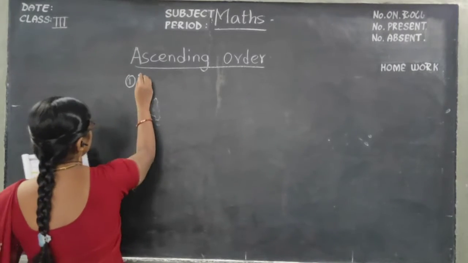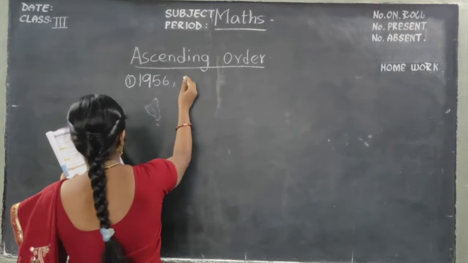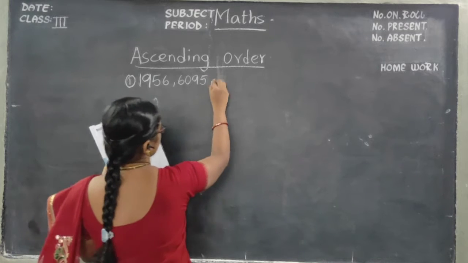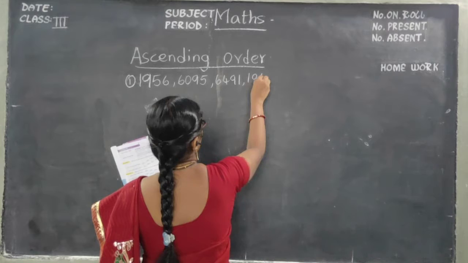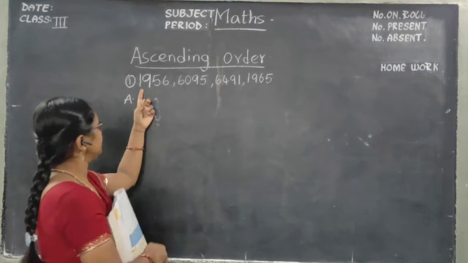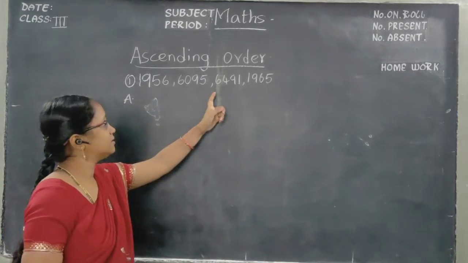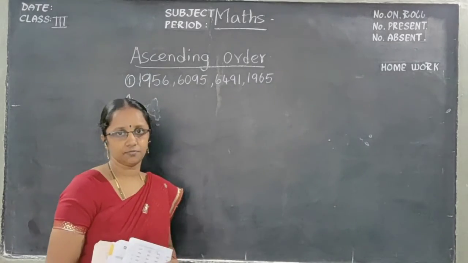See, the first question I will write for you. How are you going to write the answers? I am going to write the first question and for the remaining I am going to write only answers. Now let's see. What is this? 1956, 6995, 6491 and 1961.